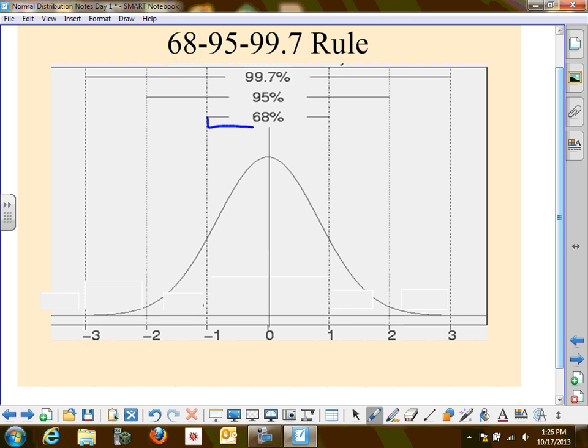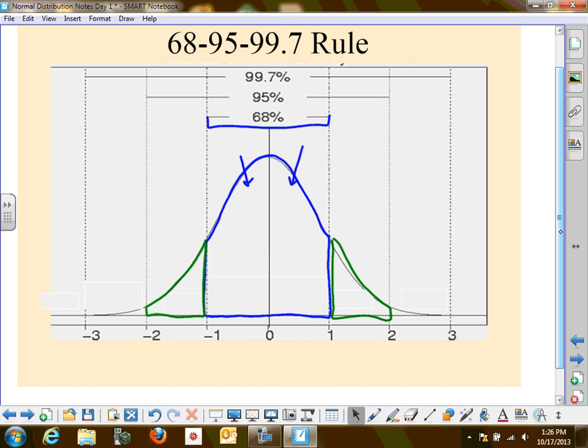If this entire amount from here to here is 68%, then one of the things you're going to be finding is how much is in each one of these items. Furthermore, you're going to have to find how much is in this piece and this piece. Those two green pieces are the same amount because of symmetry.